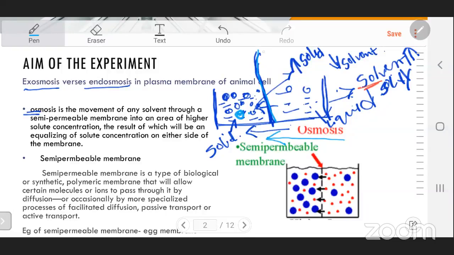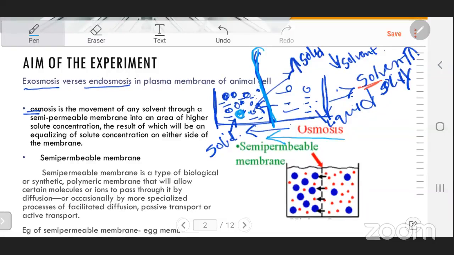Now, there is one more new thing that we are hearing, that is, what is a semi-permeable membrane? A semi-permeable membrane is a type of biological or synthetic membrane that allows certain molecules or ions to pass through it by some process. It may be diffusion, or facilitated diffusion, or passive transport, or active transport.